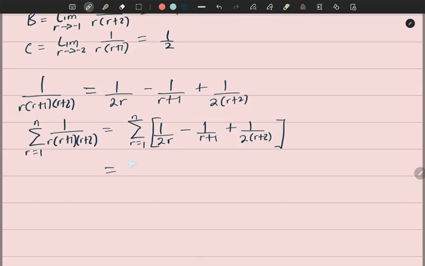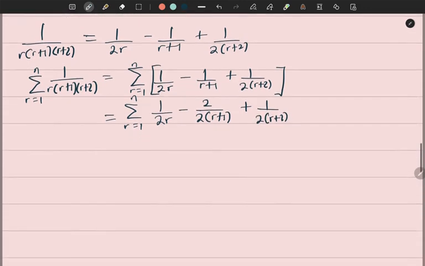So 1 over r plus 1 can now be written as 2 over 2(r plus 1), then plus 1 over 2(r plus 2).